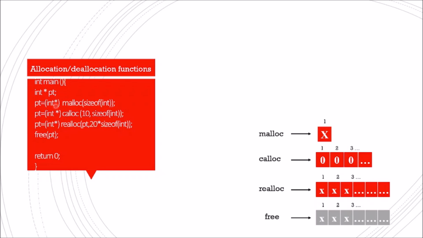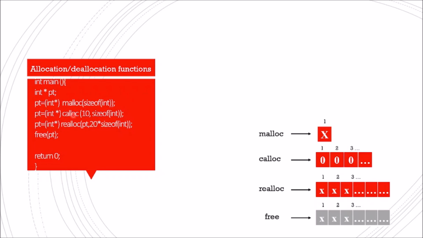That is, we will use these parentheses here, and we will place inside the data type that we want to interpret from this return value. So this is the address returned that allocated one single integer, and we must cast it to pointer to integer, okay? Because pt is pointer to integer.